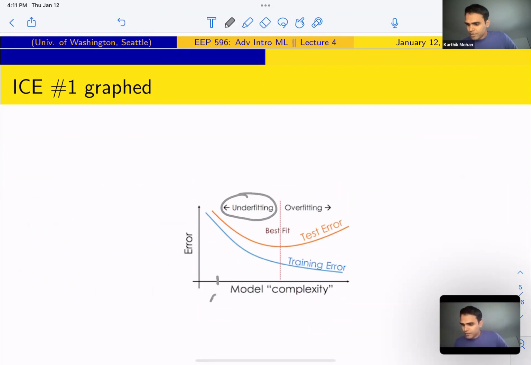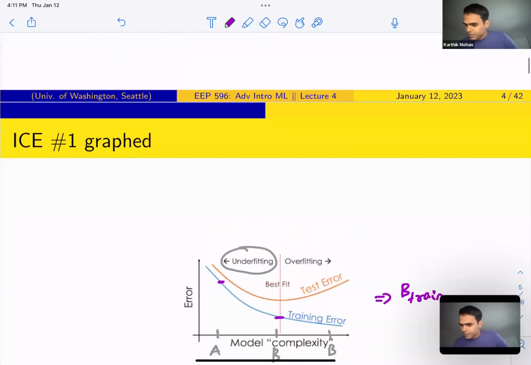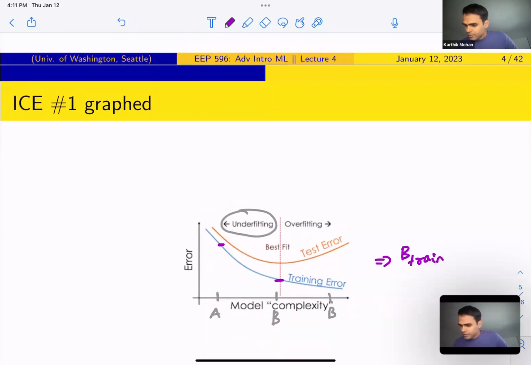You have A here, and then model B could be overfitting, could be just right, so it could be anywhere here. Now let's take a look at the training error. Training error for A is here, B is here. So clearly this implies B train is less than A train, because it's lower.